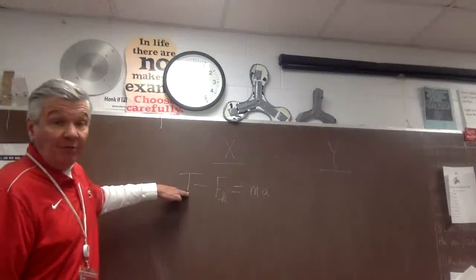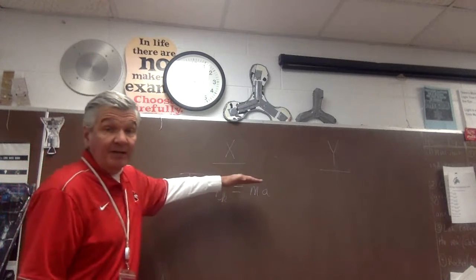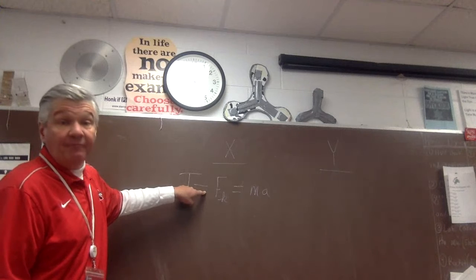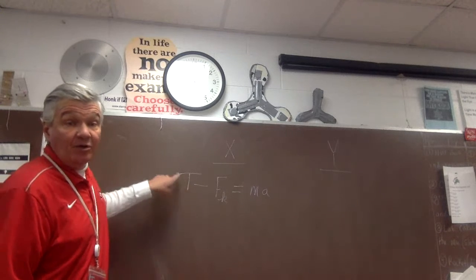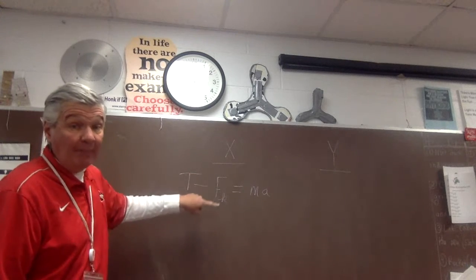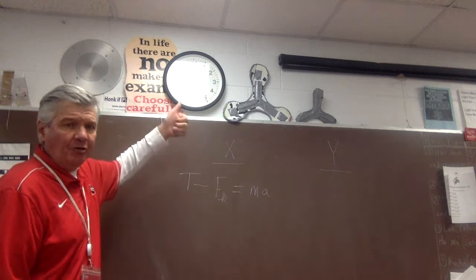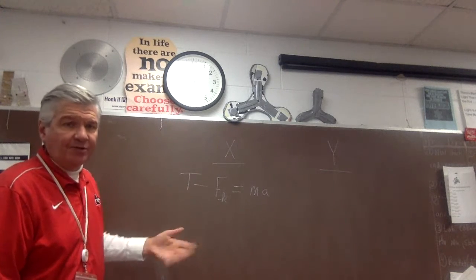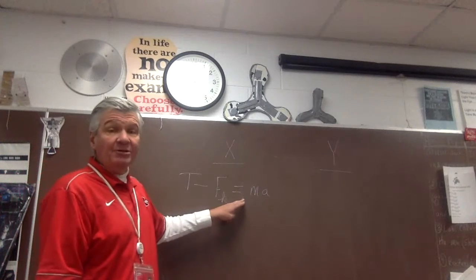We have the tension force that's pulling it, and that's a positive. So positive T, minus whatever that kinetic friction is. Those are the net forces acting on that block, because the normal force and the weight cancel each other out, so they're a non-factor. Equals m times a.